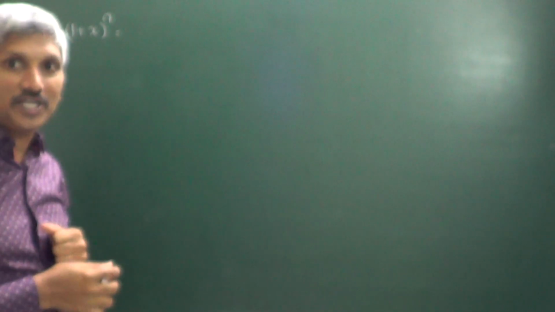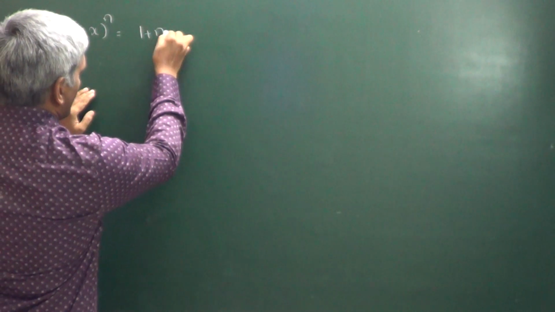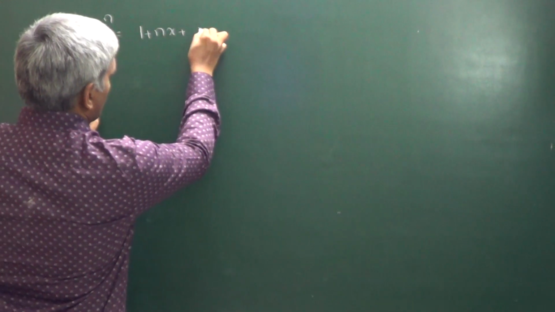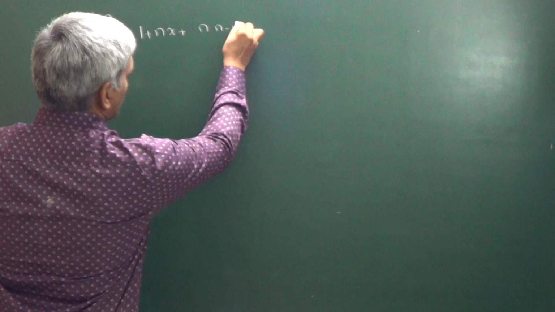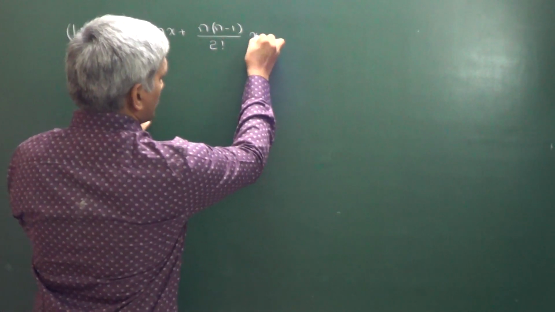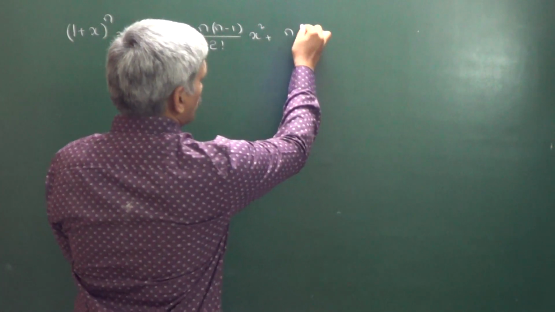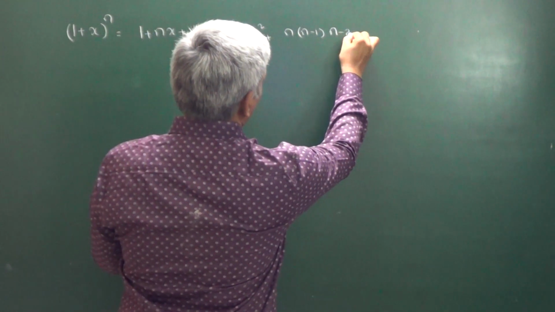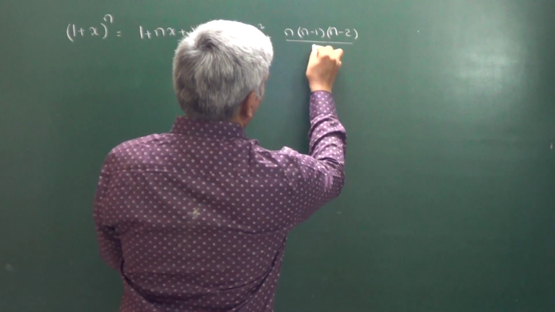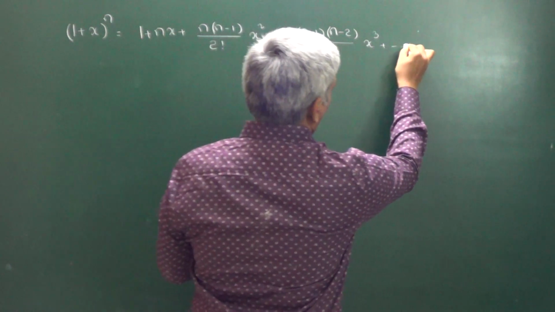When n is a negative integer or a rational number, it can be expanded as 1 + nx + n(n-1)/2! x² + n(n-1)(n-2)/3! x³ + and so on.